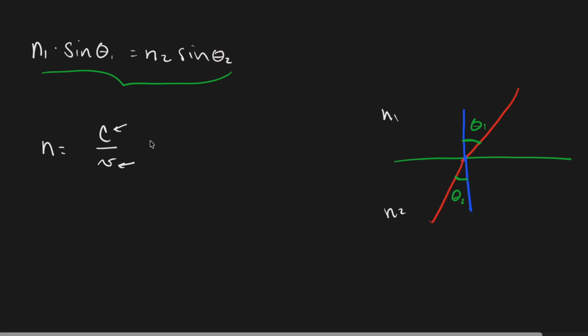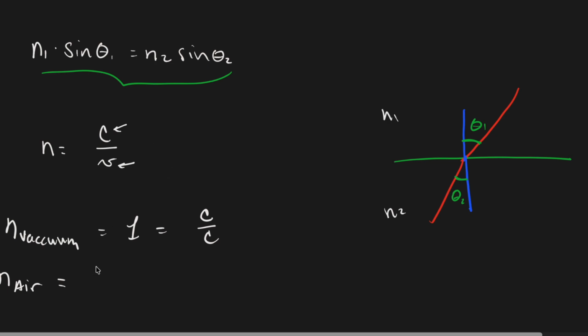So we will see, for example, n in vacuum is equal to exactly 1, right? It's equal to 1 exactly. And the reason behind that is the speed of light in the medium is the speed of light. It does not change, right? It's equal to c divided by c. And n in air is a little greater than n in vacuum.